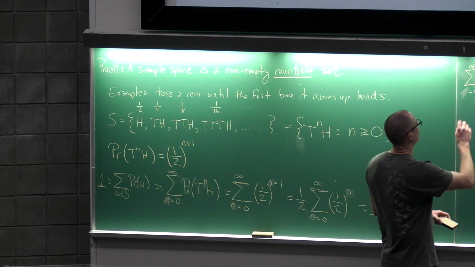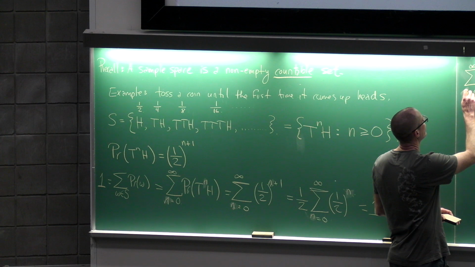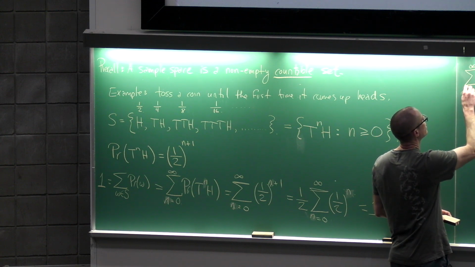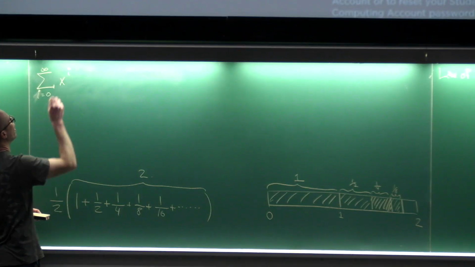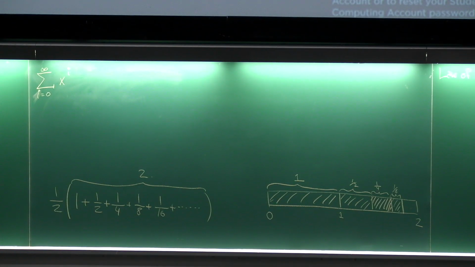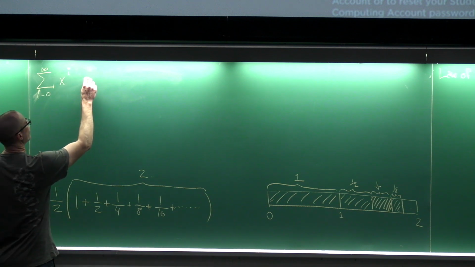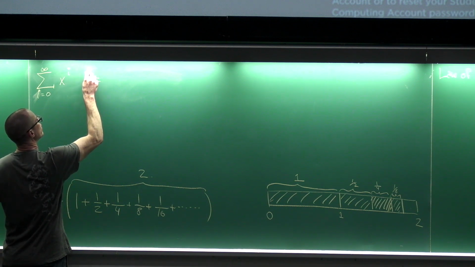So we want a sort of general thing, and let's say we take this sum from i equals 0 to infinity, and I'm interested in x to the i, something like that. There's nothing special yet about what's in here, but what does this mean? Let me write down the definition of this thing.